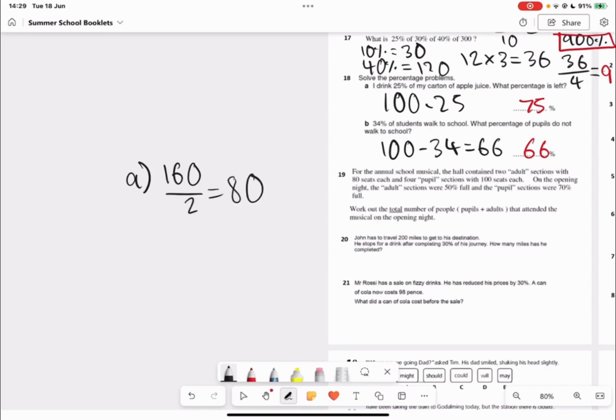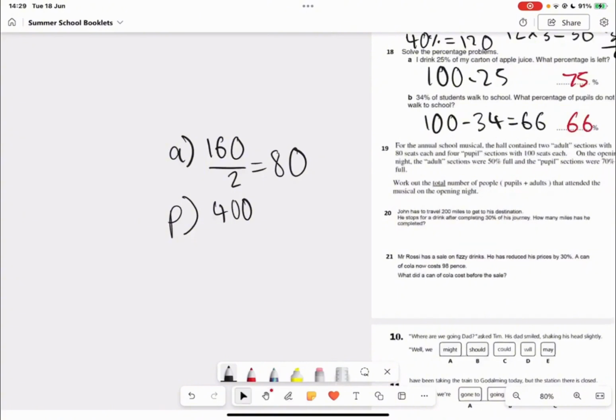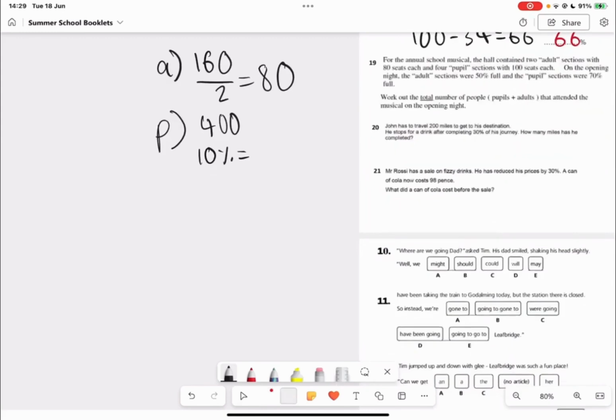Okay, so we know that there were 80 adults, and then we know that there are 4 pupil sections, which are 4 sections of 100, so that's 400. And then we know that they were 70% full. So first we find 10%, which is equal to 40.